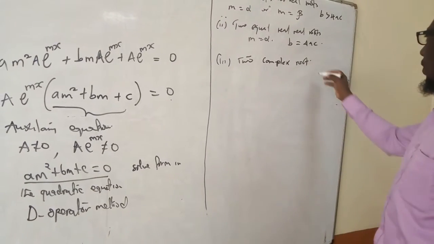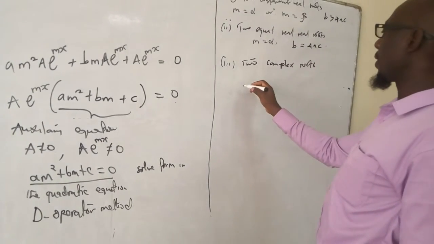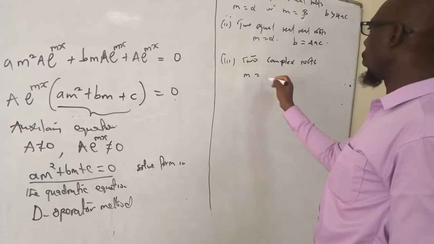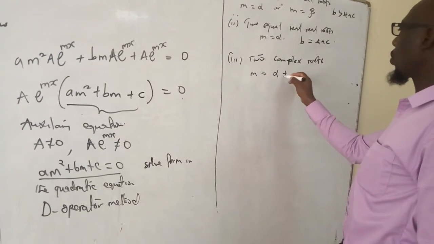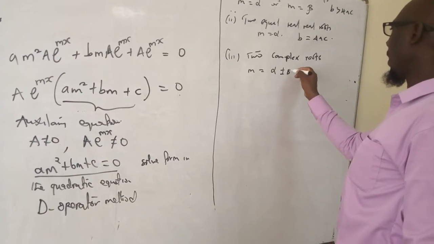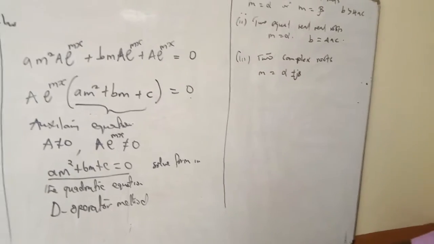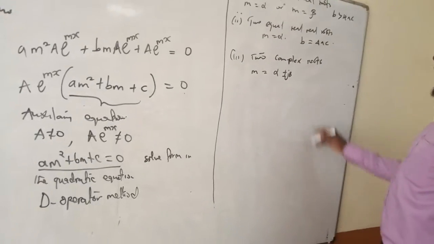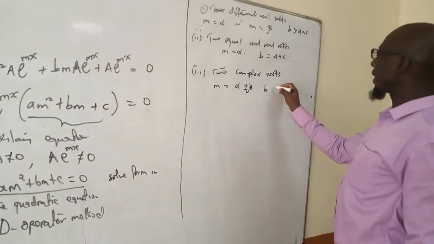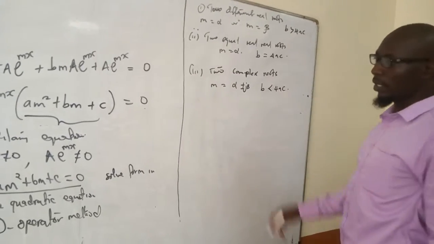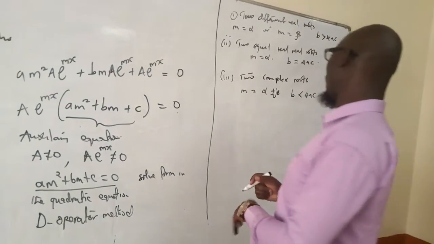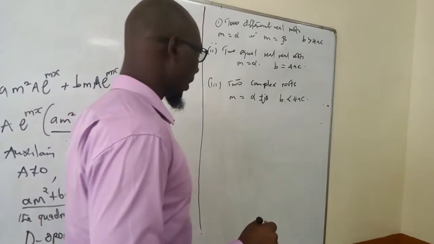Two complex roots happens when m is equal to alpha plus or minus beta i, a complex conjugate. This case happens when b squared is less than 4ac. When we get the root of a negative number, that is when we get such cases.